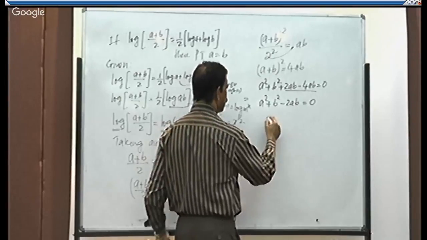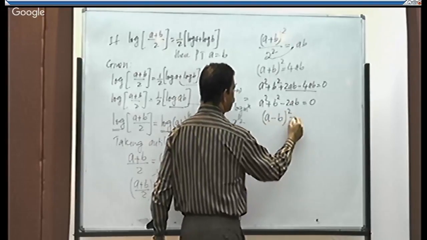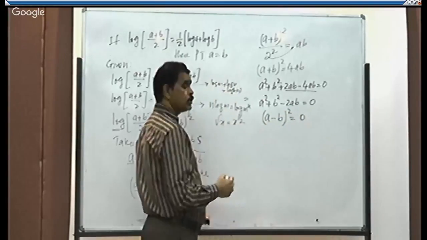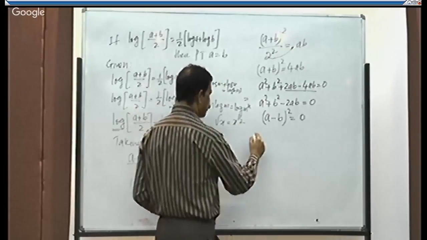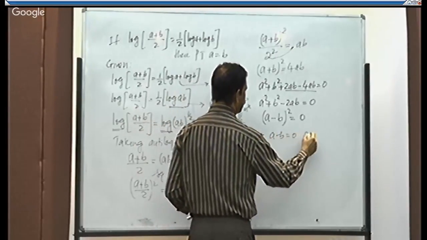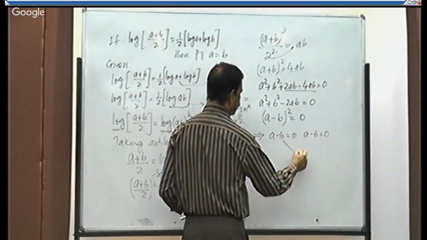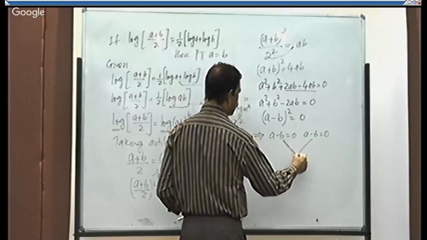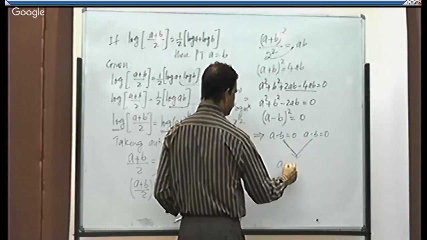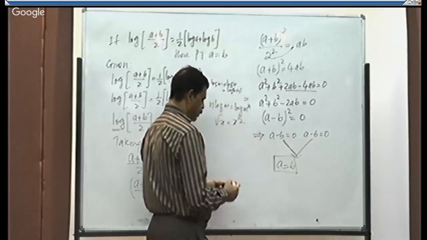Which formula is this? It is (a minus b) whole square, equal to 0. It implies that a minus b is equal to 0, so we can write a is equal to b.